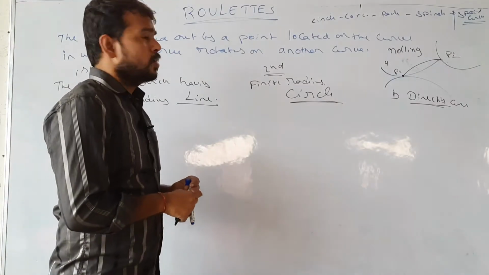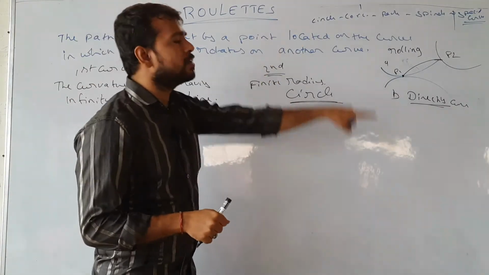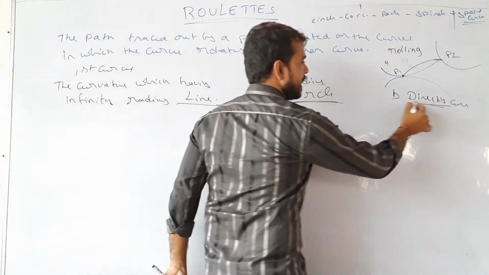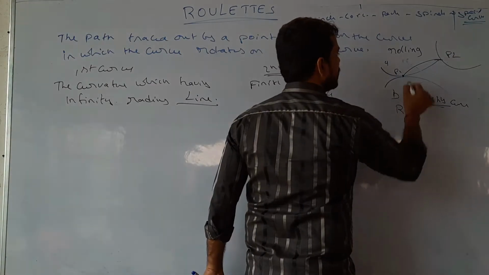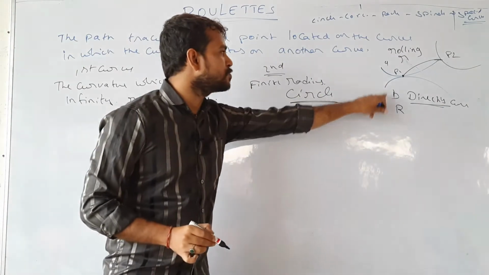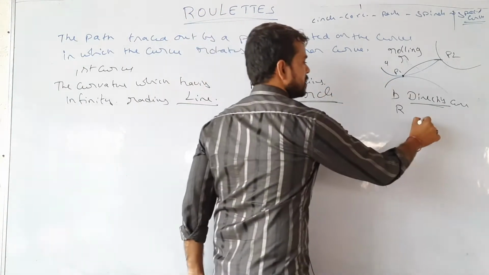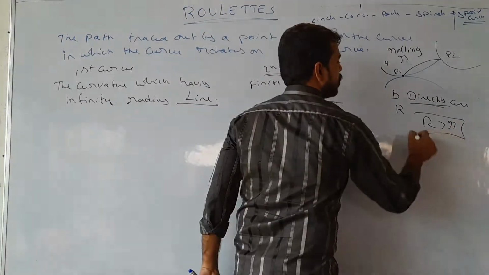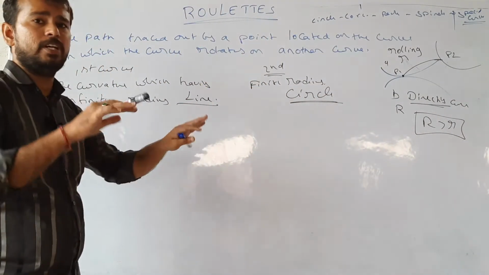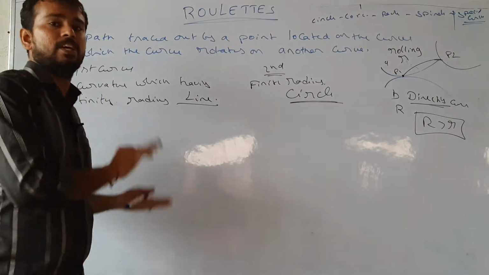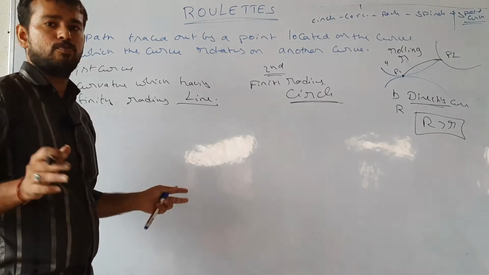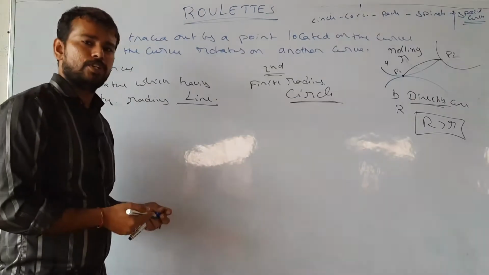As the rolling curve is rolling over the directing curve, the directing curve radius is more than or equal to the rolling curve radius. Otherwise, if it is lesser, full rotation is not possible. Only half or quarter rotation will be possible.